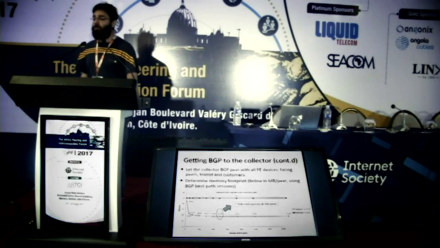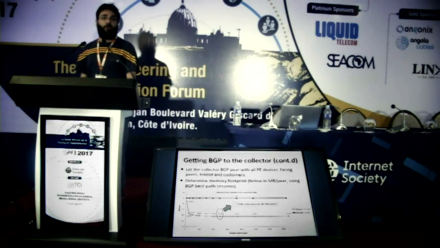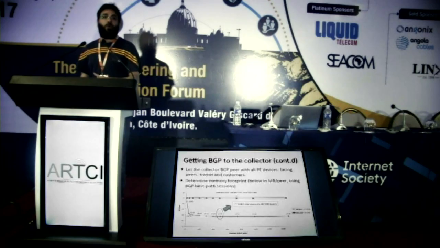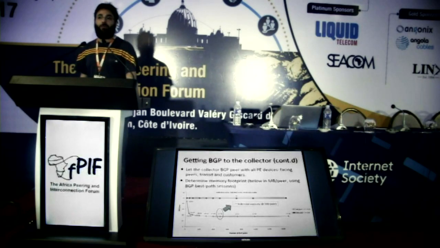How should it be done, theoretically, in a model in which you want to build a traffic matrix and you need BGP? All the PE devices, the provider edge devices that are facing peers, transit and customers, should connect with a BGP peering to pmacct, right?